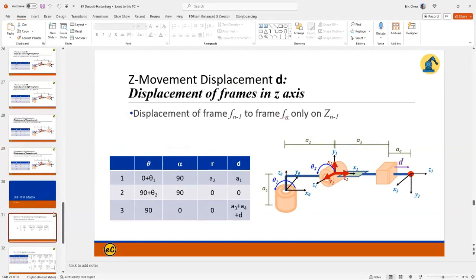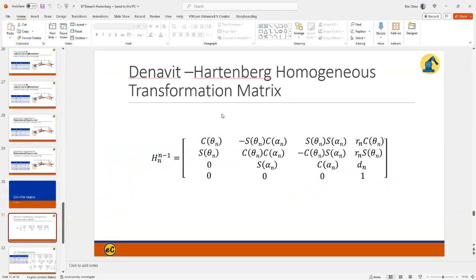Once you get them, you use the numbers to calculate. You plug in systematically, and you will come out with the Denavit-Hartenberg transform matrix from N to N-1. That means from frame 1 with respect to frame 0. That means how much change your frame 1 has by frame 0's rotation when you observe on frame 1.